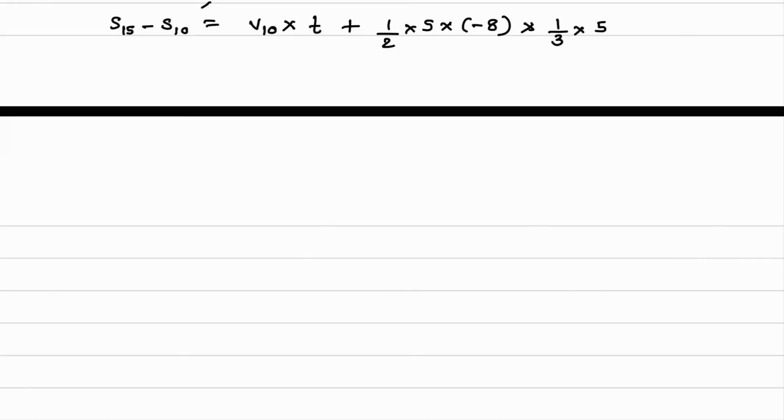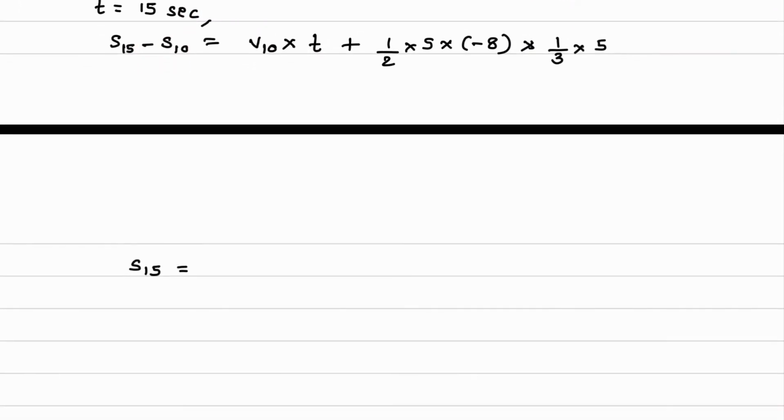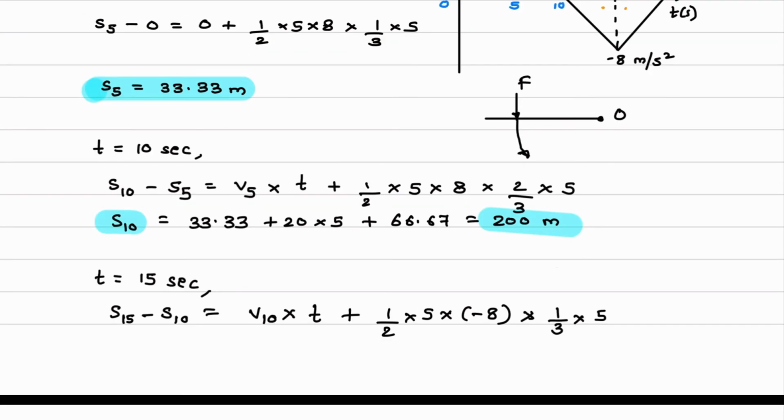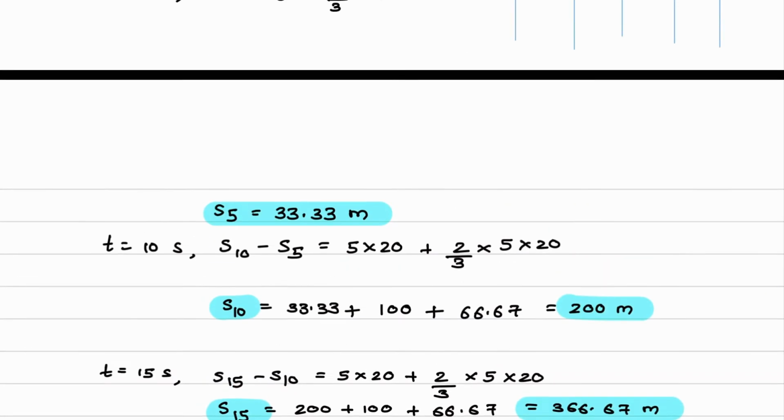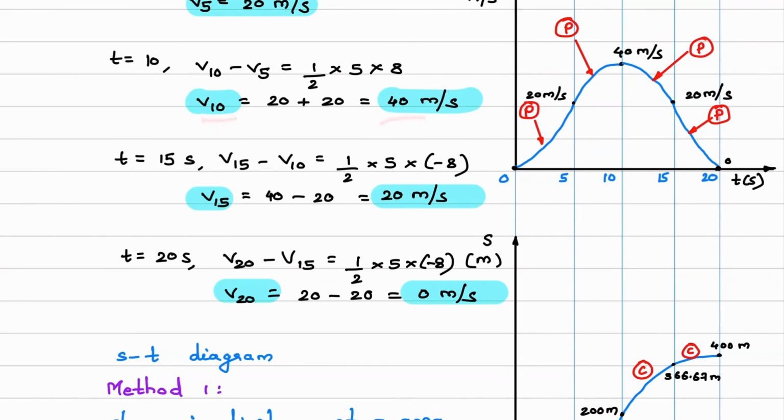Now here we have to calculate S15. So S15 is equal to this S10 value, 200 meter. It is negative, it will go on the right hand side and become positive, so 200 plus V10 value into T. V10 we have calculated. V10 is 40 meter per second, and what is T? It will be this time, so it is 5 seconds.